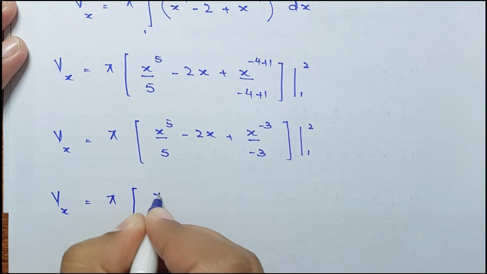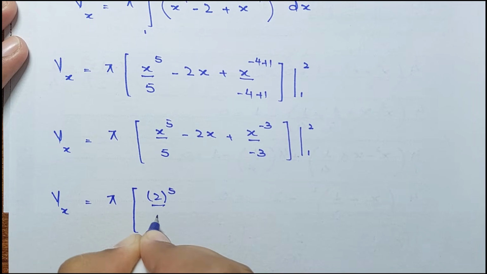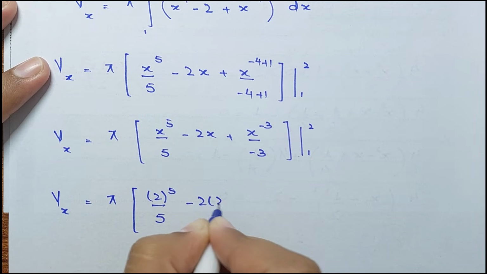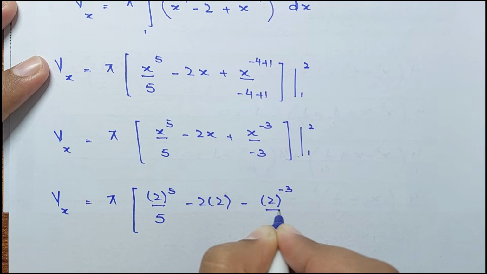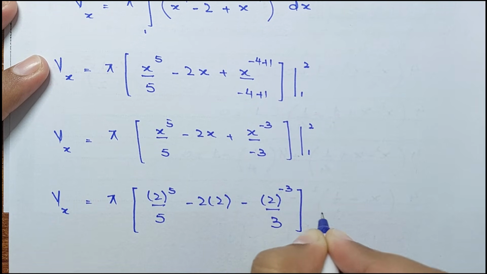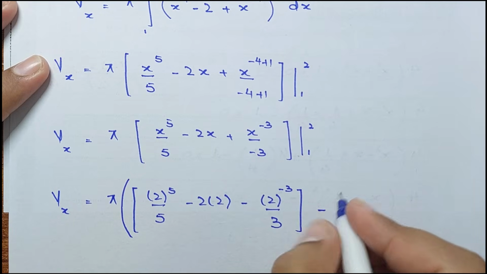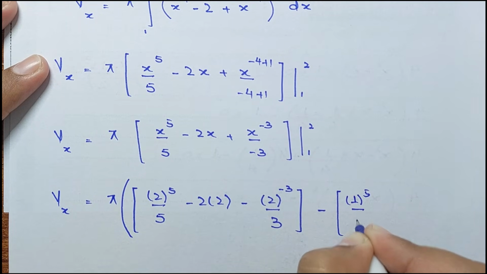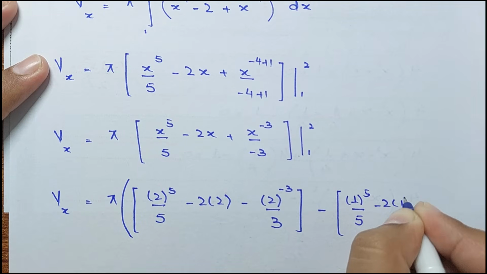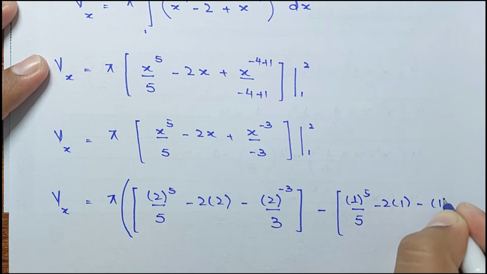The upper limit is 2 to the power 5 over 5 minus 2 into 2 minus 2 to the power minus 3 over 3. This is your upper limit minus the lower limit, which is with 1: 1 to the power 5 over 5 minus 2 into 1 minus 1 to the power minus 3 over 3.